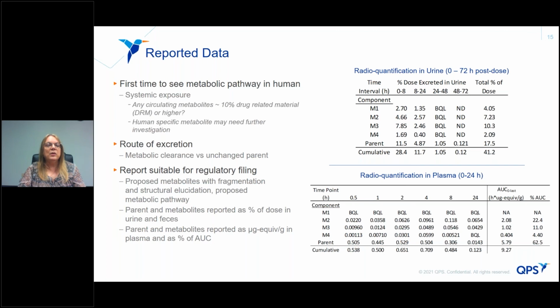And the route of excretion, one of the things that you want to look at for that particular thing is the clearance of unchanged parent versus metabolites.